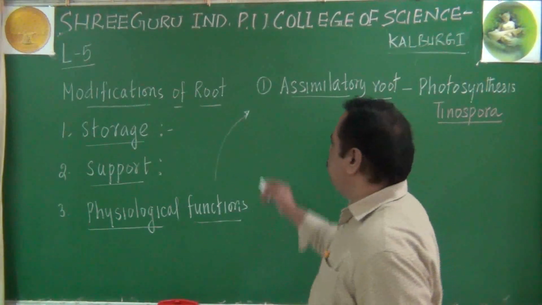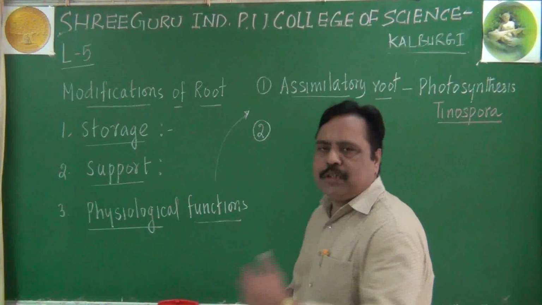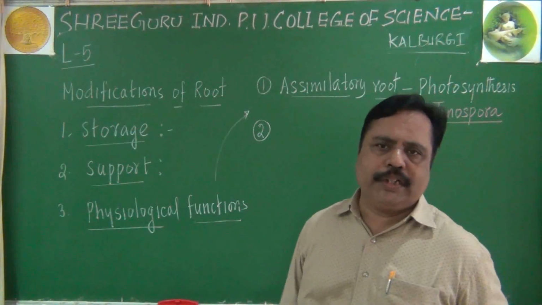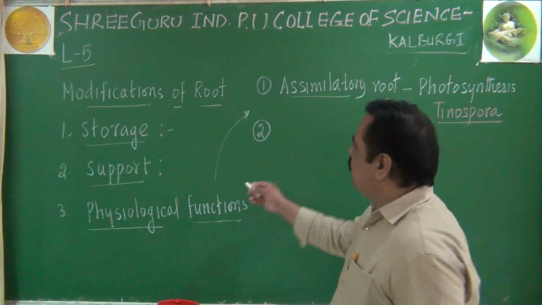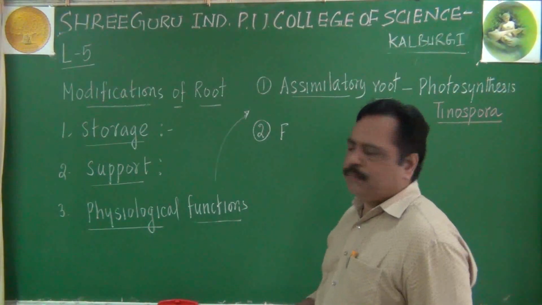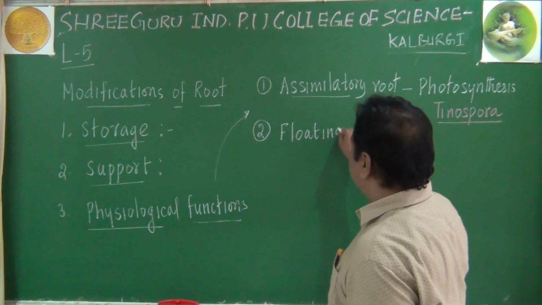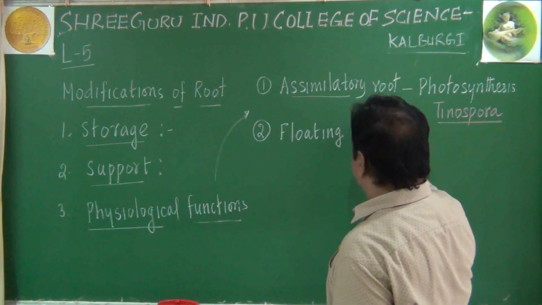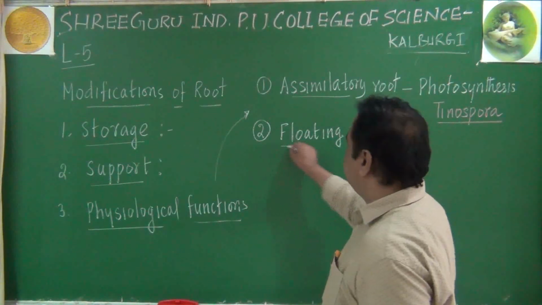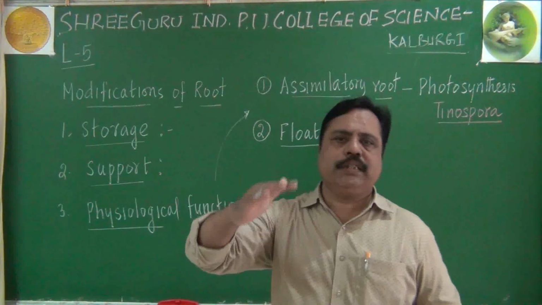Dear students, there is another physiological function performed by root modification, which can be found in the case of aquatic plants. They are called floating roots. Floating root means they are able to float, buoyancy, okay?